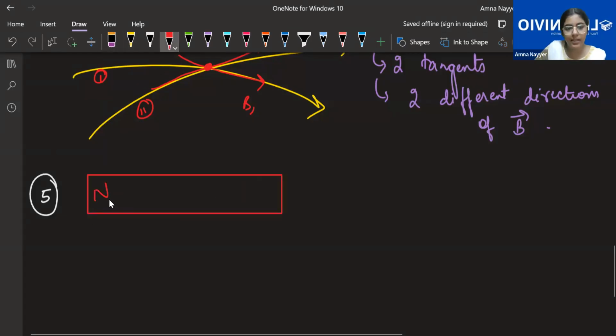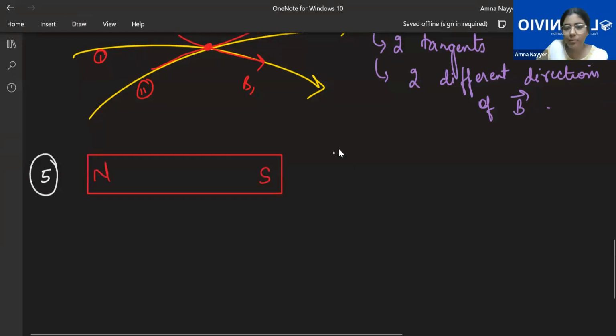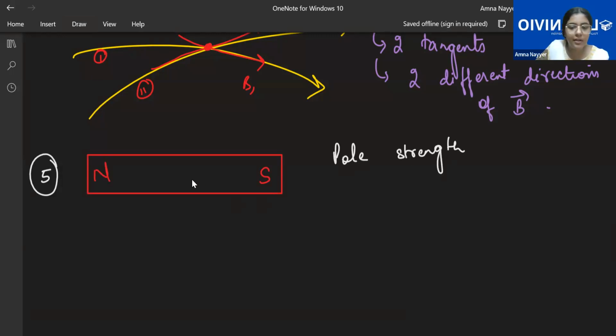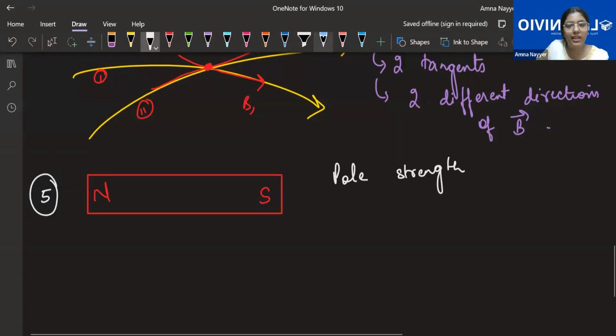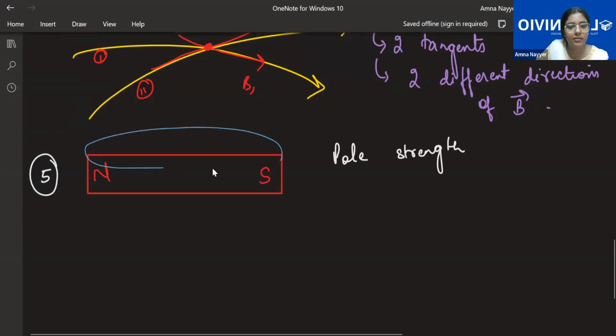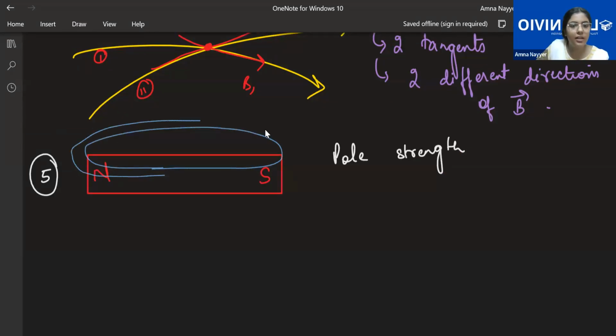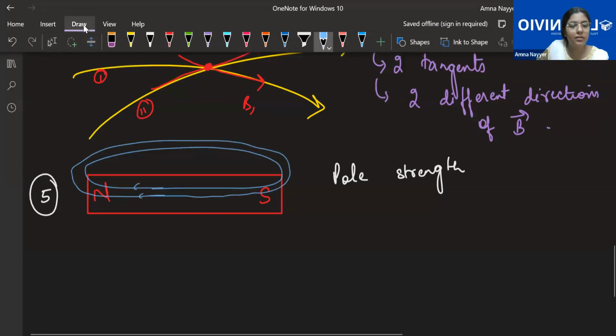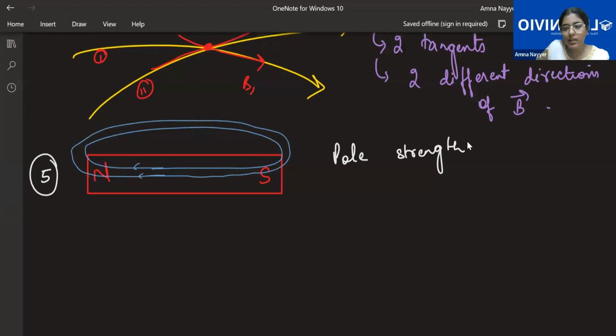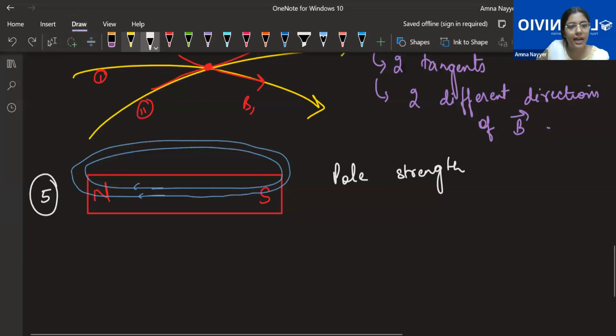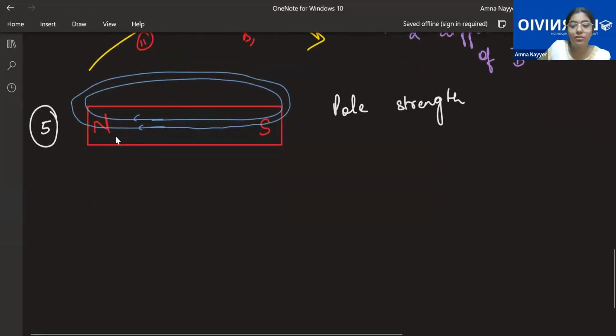Okay. This is the North Pole, this is the South Pole now. When we are calculating the pole strength, remember the concept that the number of magnetic field lines and the pole strength are directly proportional to each other.